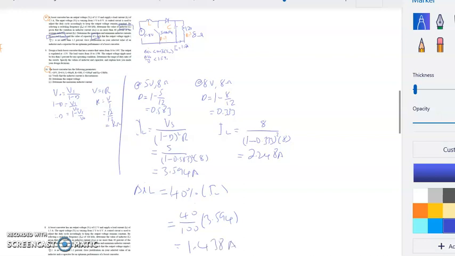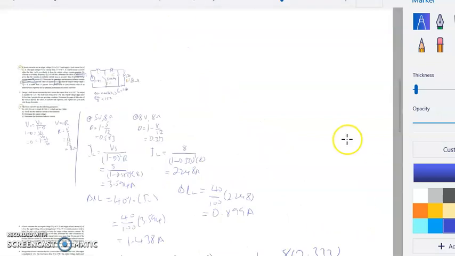So for the 5 volt situation we get 1.438 ampere. Meanwhile, when our input is at 8 volt, the delta IL is 0.899 ampere.